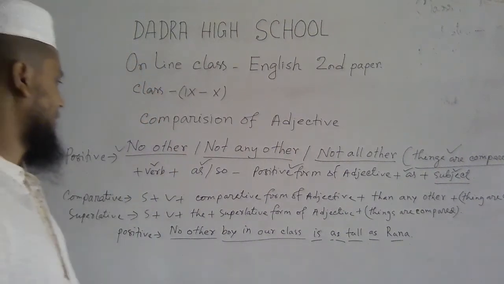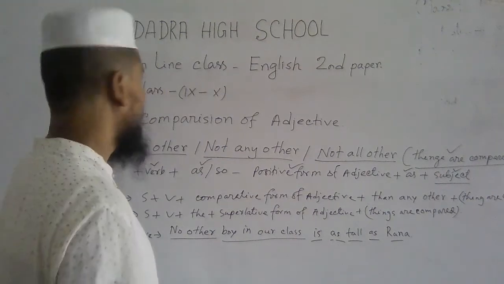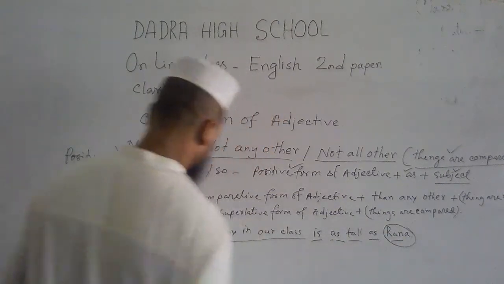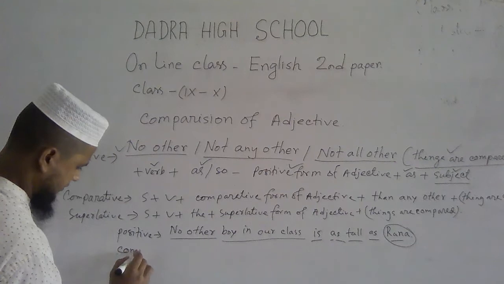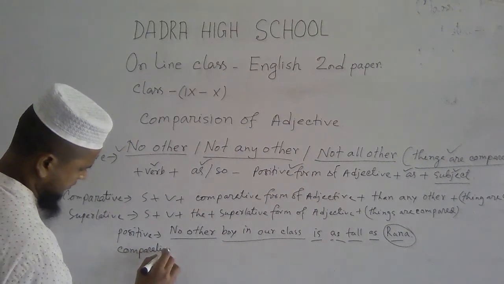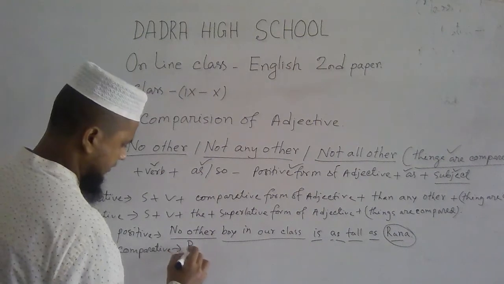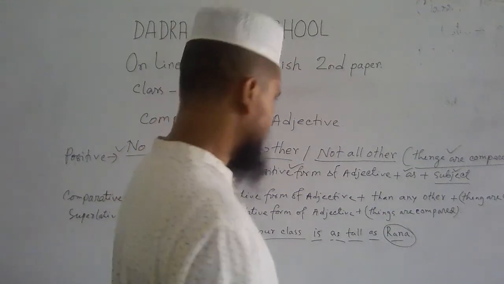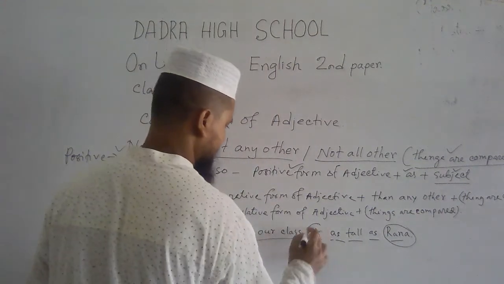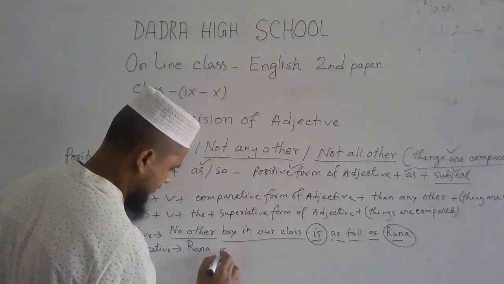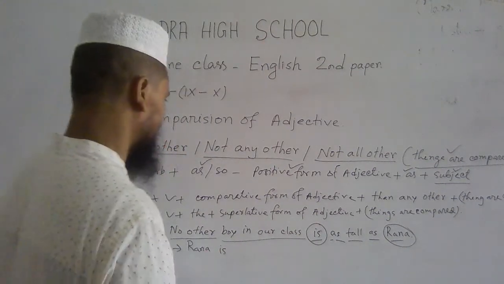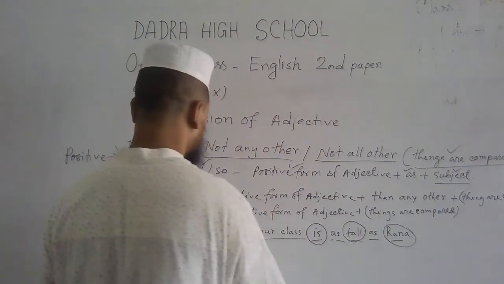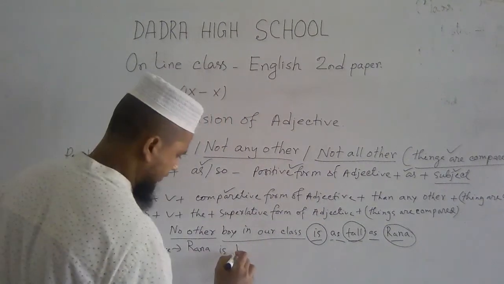If you want to make it comparative, you will take first the subject, Rana. Then you have to take the verb. Then you have to take the adjective, making it comparative form, taller.